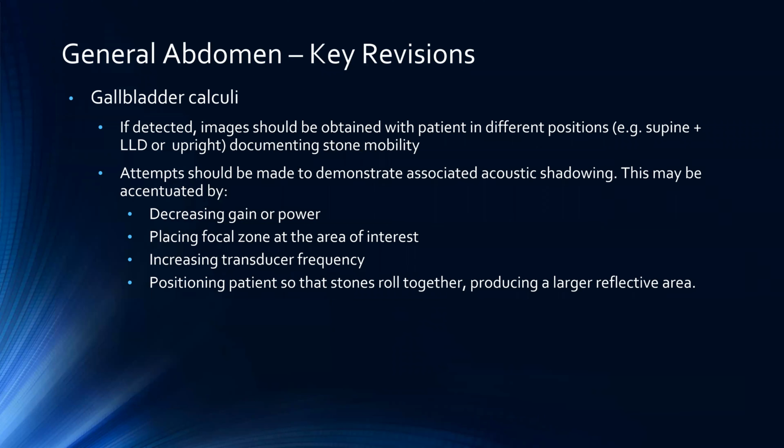So the other thing that I think we do perform relatively consistently, but it's not necessarily documented either on the image or on the worksheet, is demonstration of stone mobility and, if possible, shadowing of those stones. For the most part, people are getting patients into variable positions, either left lateral decubitus or standing, to show that those stones are mobile.